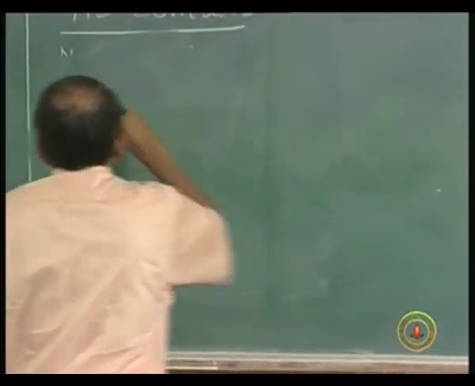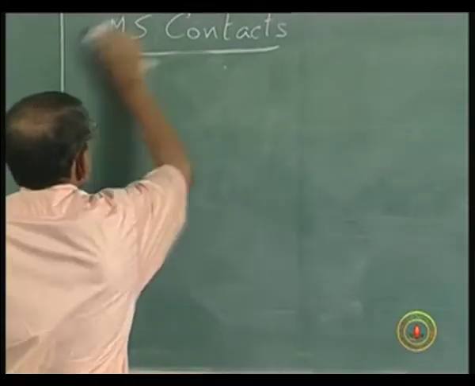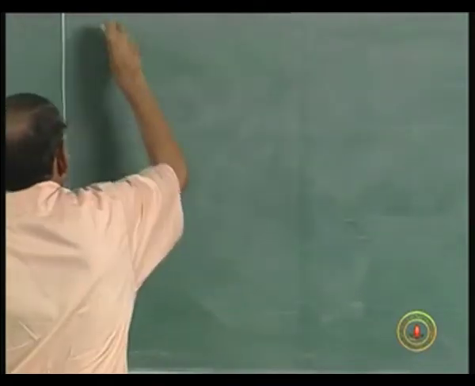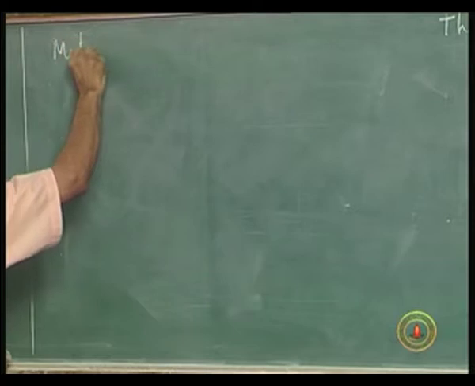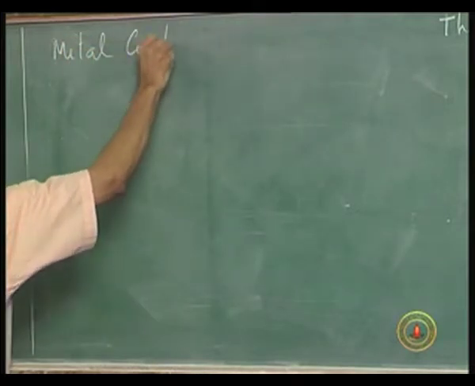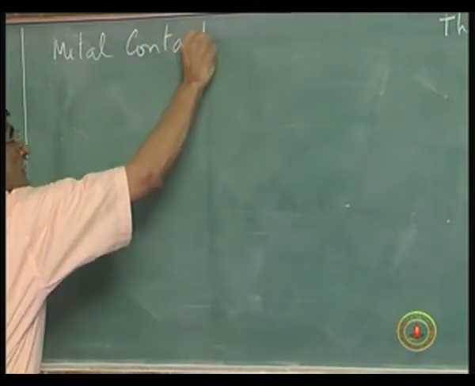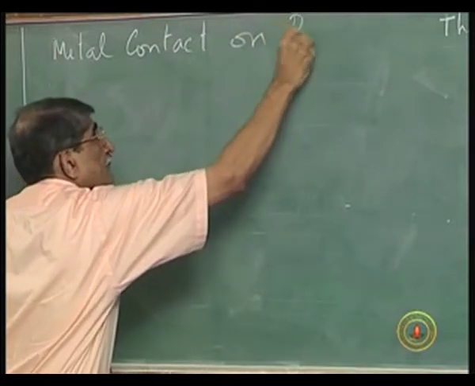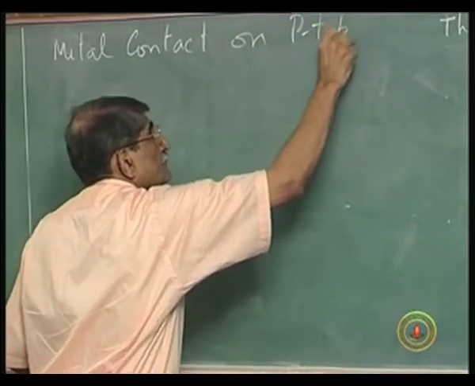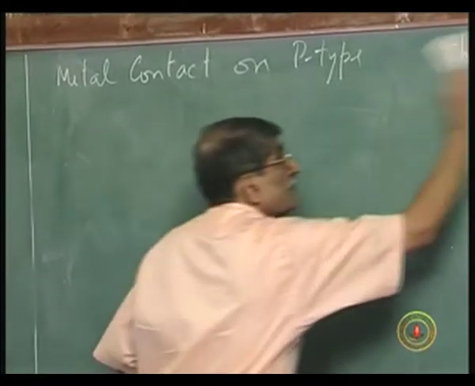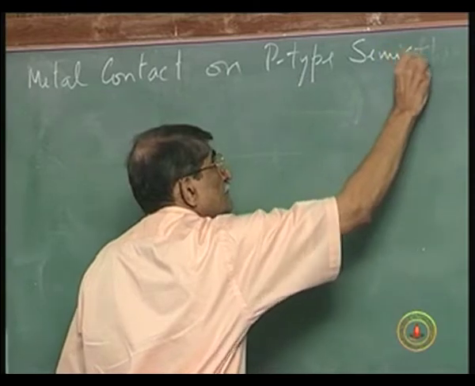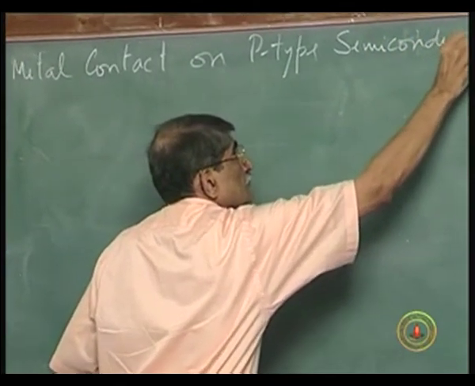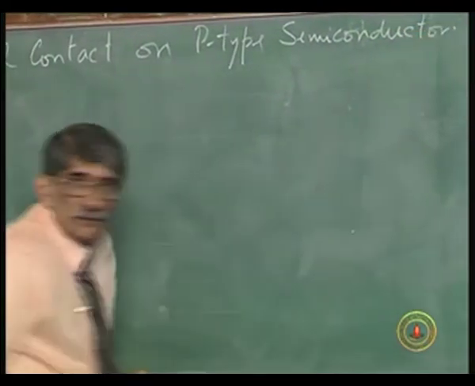Now, the p type substrate. Metal contact on p type. Hereafter, it will be very easy for us to go through semiconductors.